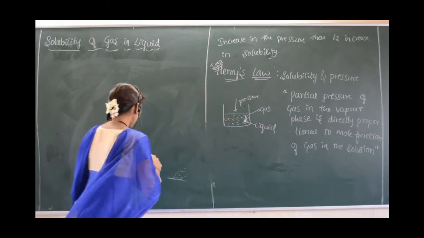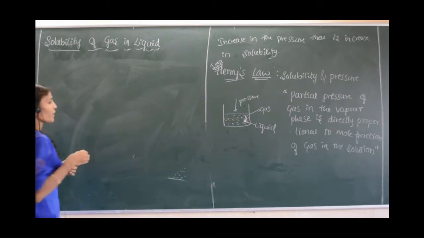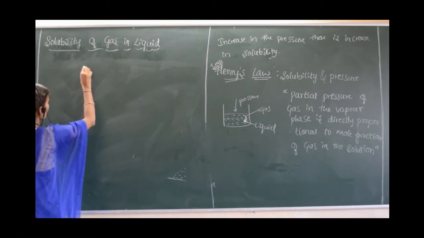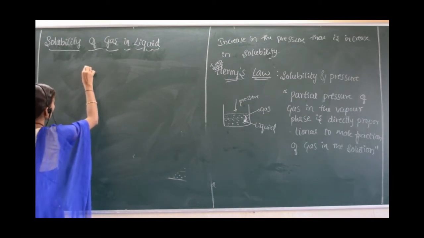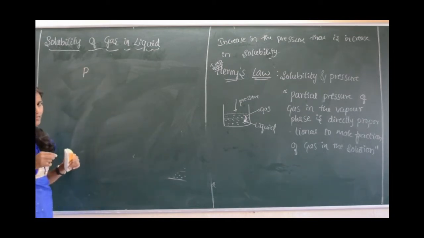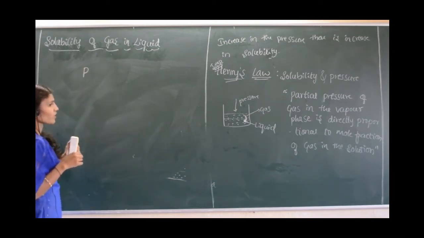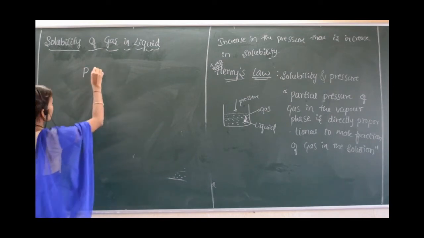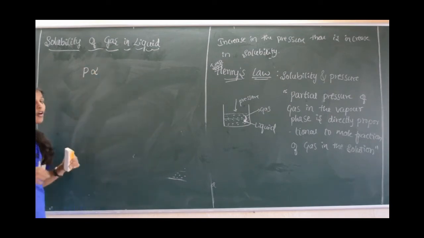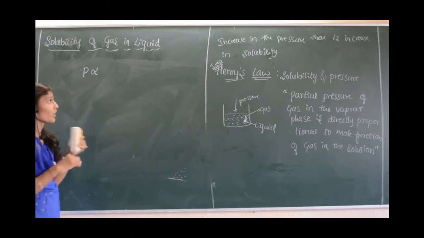So if we go for the mathematical relationship of Henry's law, what is the statement? The partial pressure of the gas in the vapor phase, the partial pressure is indicated by P, is directly proportional to the mole fraction of the gas in the solution.